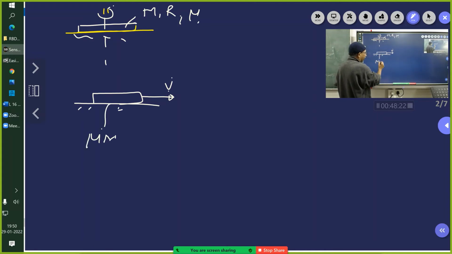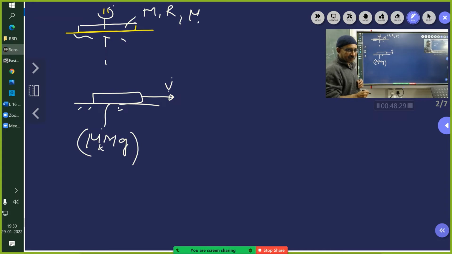Mu k into mg. If it is moving, then the friction is this. Now also it is the same. Now the only thing is it is rotating.